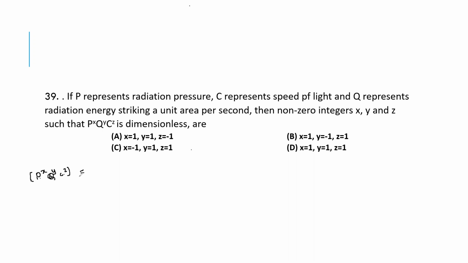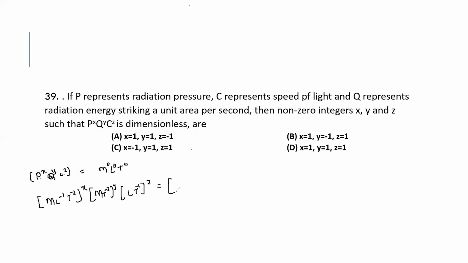So it is P raised to x, Q raised to y, C raised to z is equal to, as they have mentioned it is dimensionless, M raised to 0, L raised to 0, T raised to 0. By substituting the dimension of each quantity in the given expression, the dimensional formula for P is M L raised to minus 1 T raised to minus 2 to the power of x. Then Q is M T raised to minus 3 to the power of y. Then C is L T raised to minus 1 to the power of z.